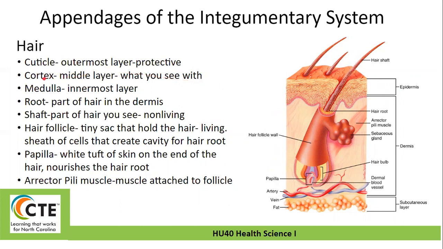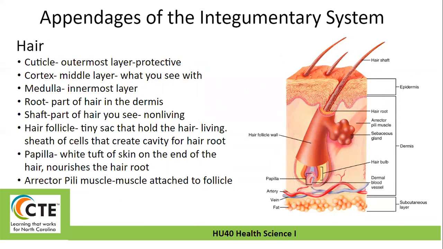Now, the cortex is the outer layer. Let's just remember the cortex is the outer layer. The medulla is the middle layer, the inside layer. Cortex and medulla will follow us from this unit on.